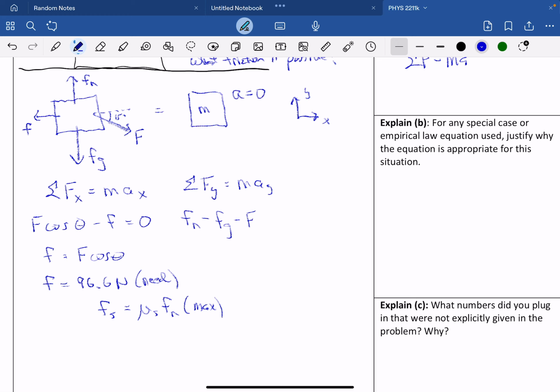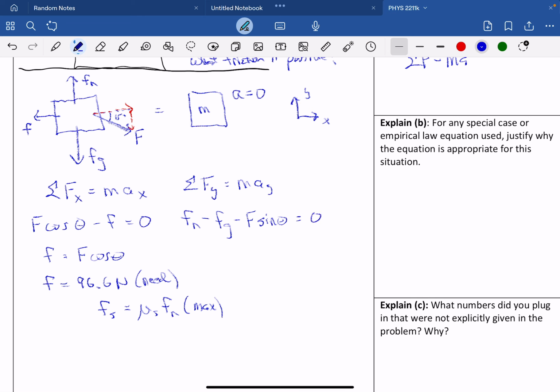Let me go ahead and draw in some components here. We can see that the F force pulls forward, but it also pulls down. The part of the force that pulls down is opposite the 15 degrees, so that means F sine theta.